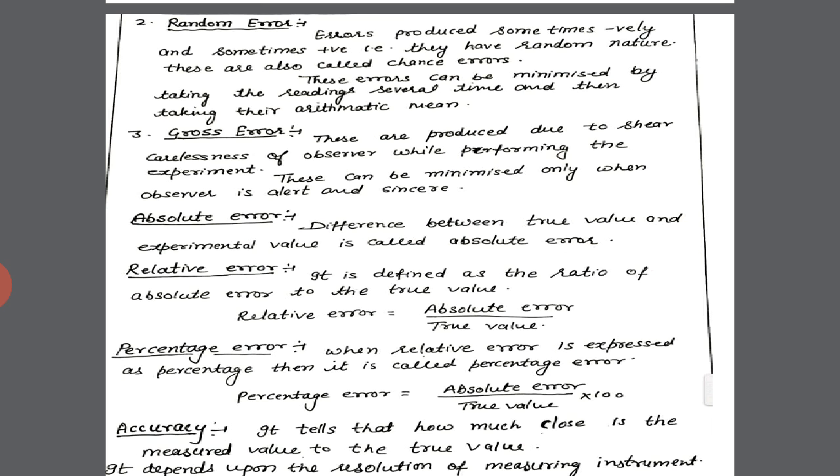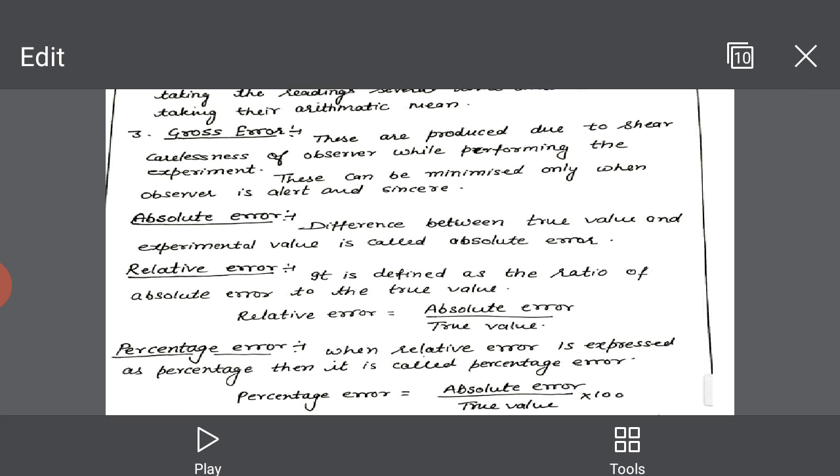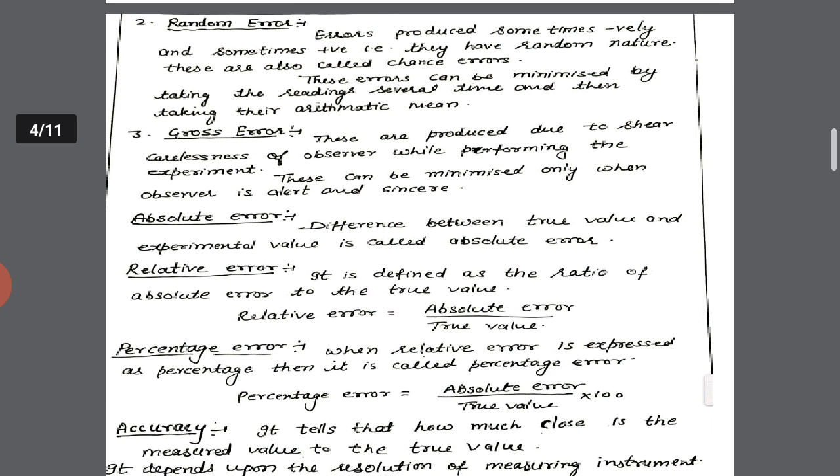Then the third type of error is gross error. These are produced due to the sheer carelessness of the observer while performing the experiments. These can be minimized only when the observer is alert and sincere.